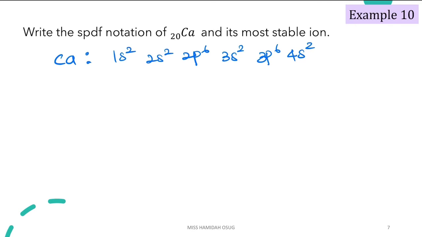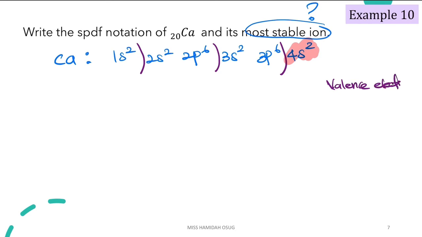Okay, so bila sudah right, apa yang kamu kena buat? Kamu kena draw border between the energy level. So as you can see there, the valence electron shell is 4s2, so meaning to say the valence electron is equals to 2. Okay, so for an atom to be octet, okay, it must have 8 valence electron.